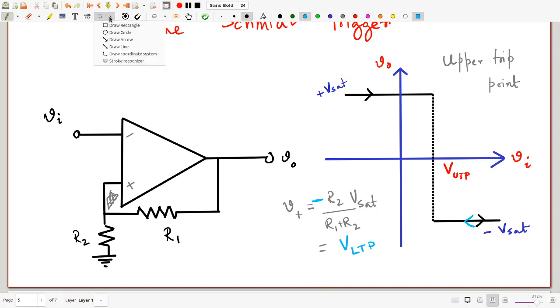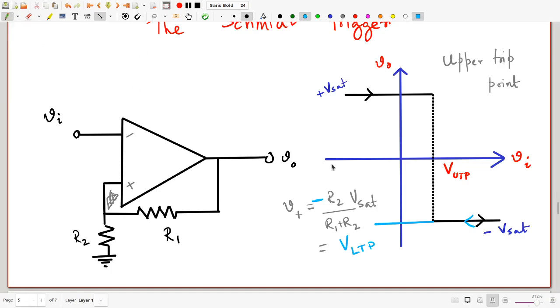So what you have is that as you keep on decreasing the input well beyond VUTP, the output stays minus Vsat because the circuit is now comparing Vi not with VUTP but with a different voltage, VLTP, which is the voltage at the plus end now.